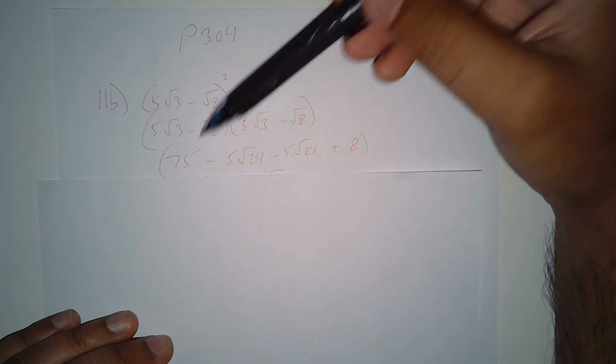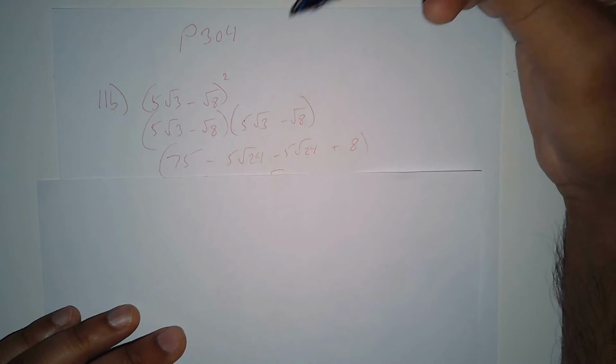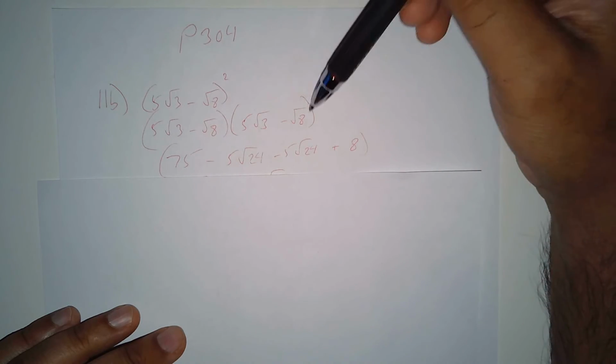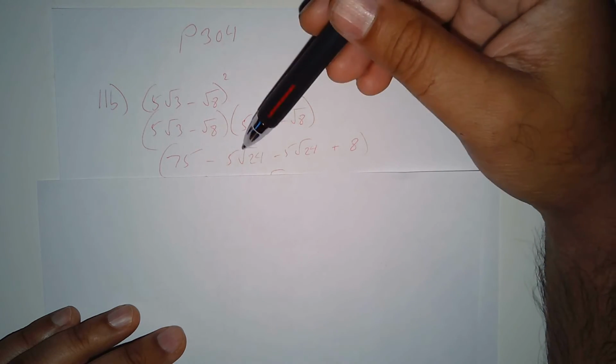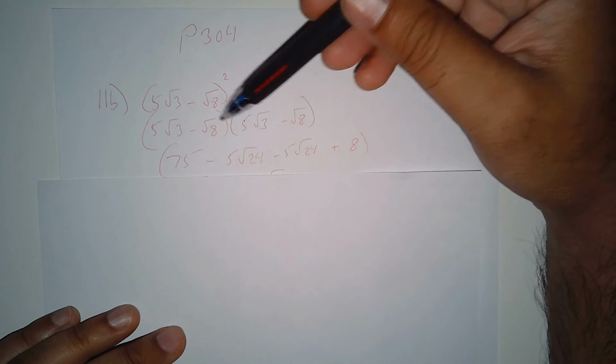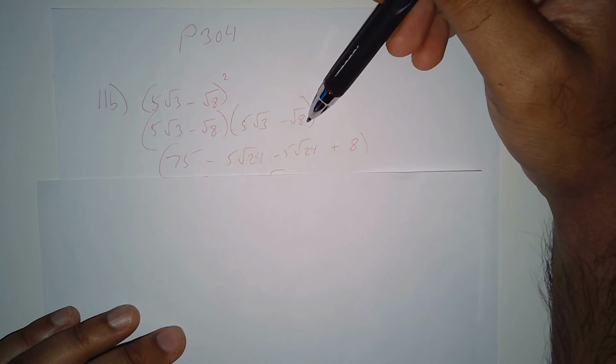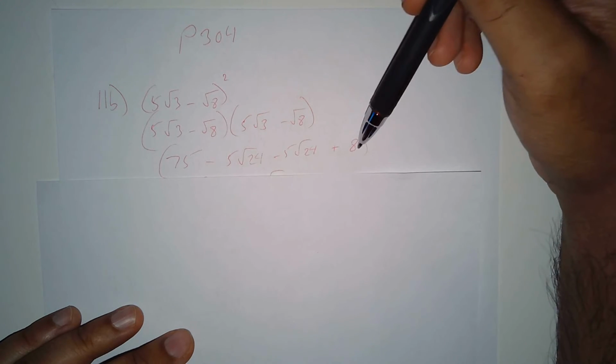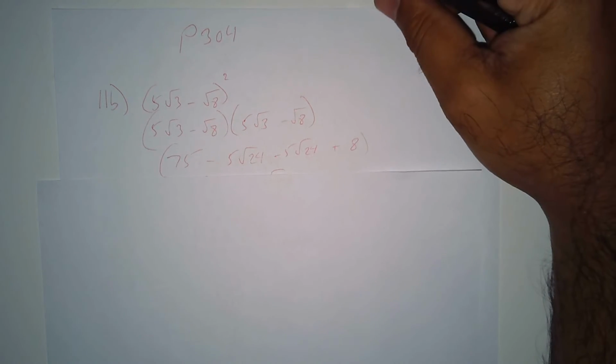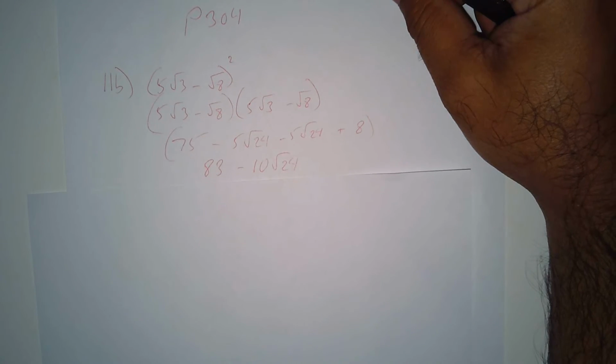So 25 times 3 is going to be 75. And then you've got 5 root 3 multiplied by root 8, which will be minus 5 root 24. Another one, minus 5 root 24. And then root 8 and root 8 is going to give you root 64, which is just going to be 8. So the 75 and the 8 can go together.